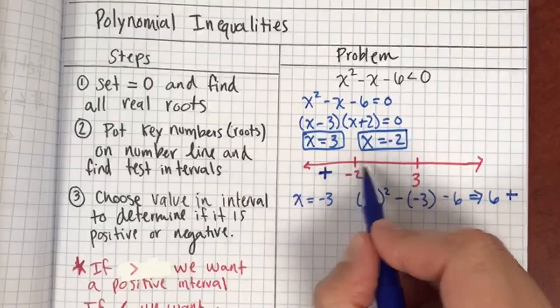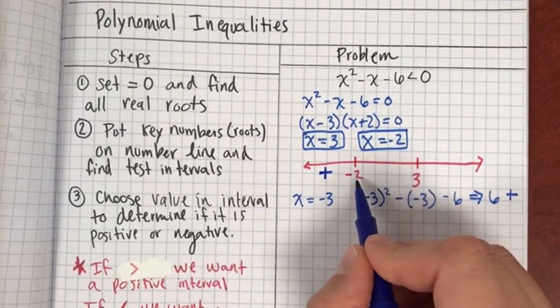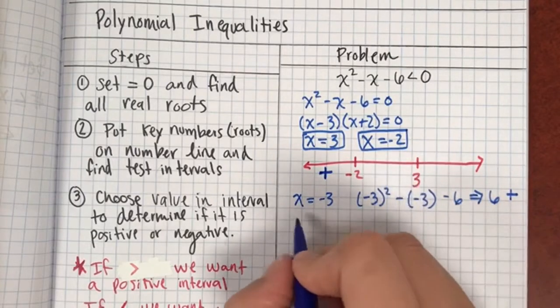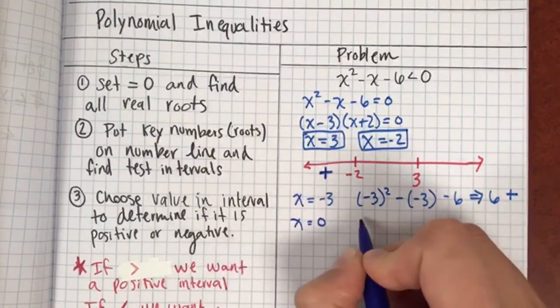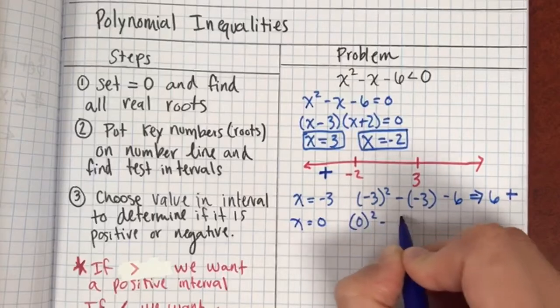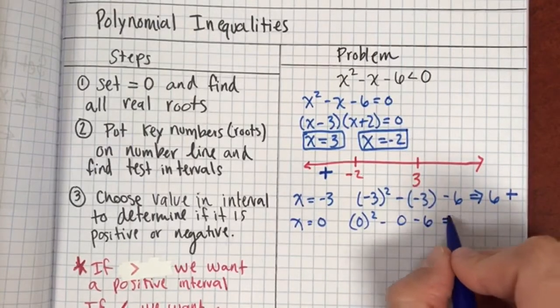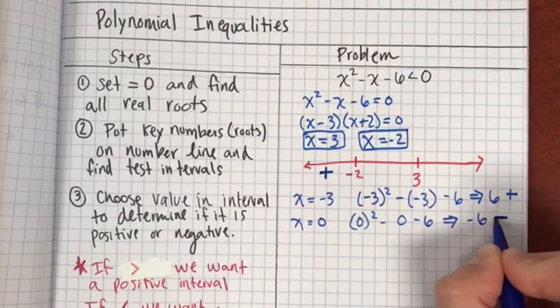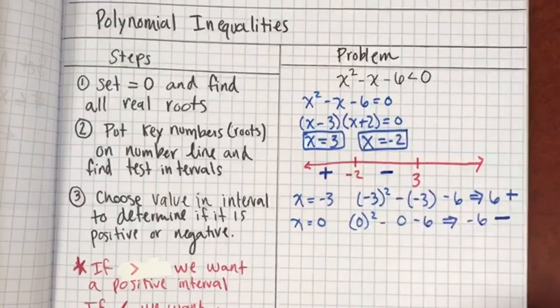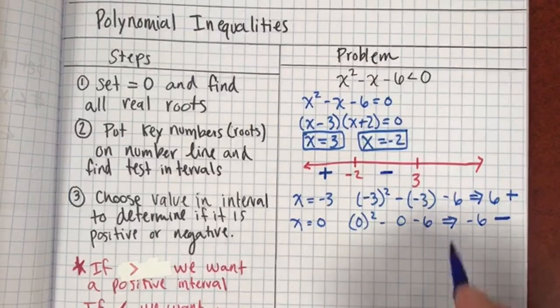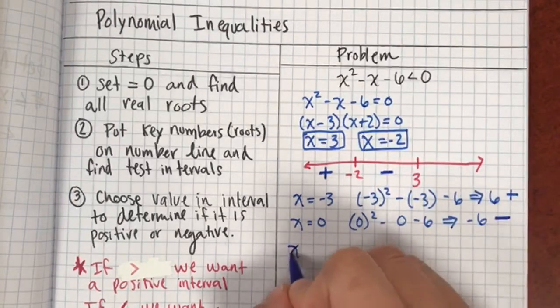Okay, so now I want to find a number in between -2 and 3. So I'm going to use 0. 0 is easy to do. This would yield -6, which is a negative number. And lastly, I'm going to choose 4.